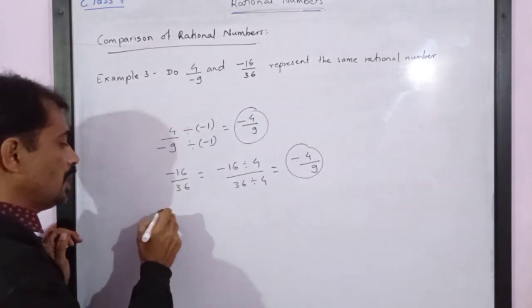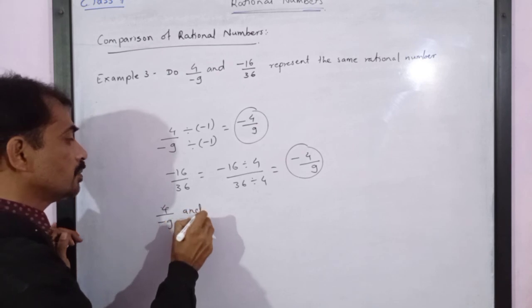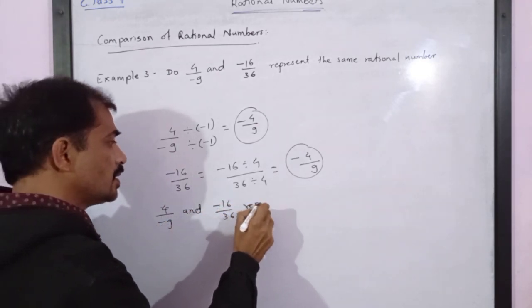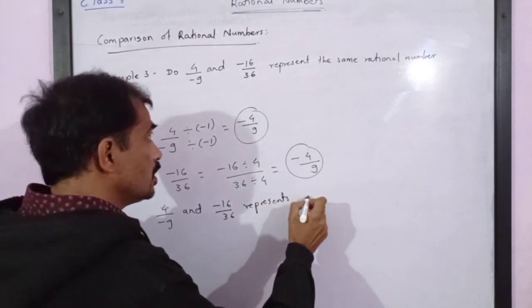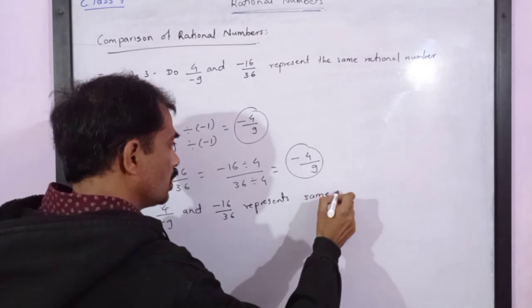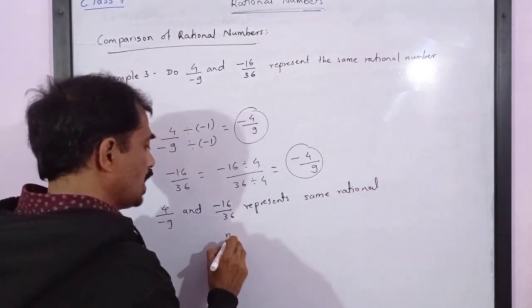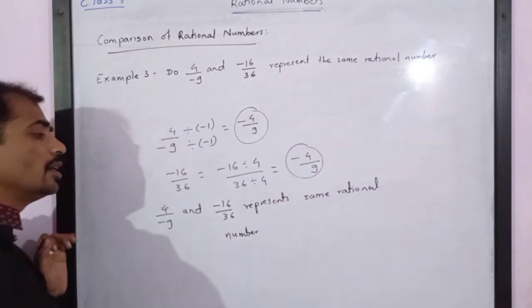So 4 upon negative 9 and negative 16 upon 36 represent the same rational number, and this can be understood after writing them in standard form.